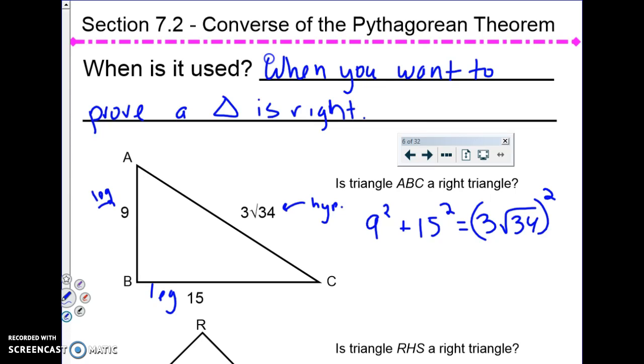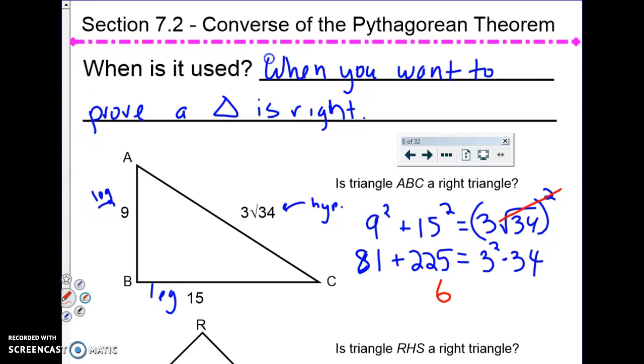Well, 9 squared is 81, and 15 squared is 225. And the way this works is you do 3 squared times 34, because the square root and the square on 34 basically cancel each other out. They're inverse operations.